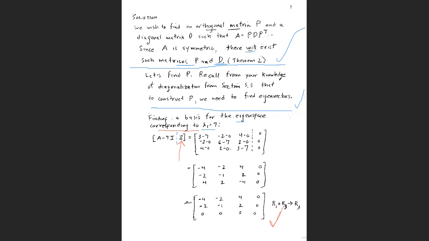What do you notice about these two rows? Or those two equations? Are they different or the same?